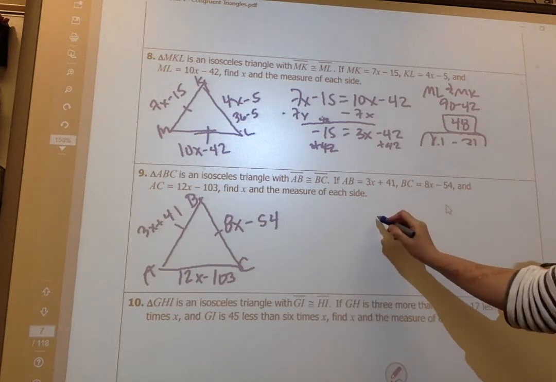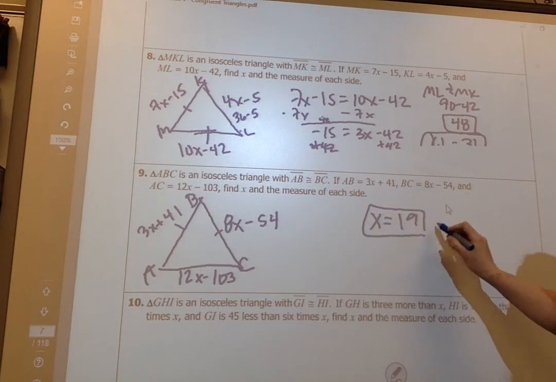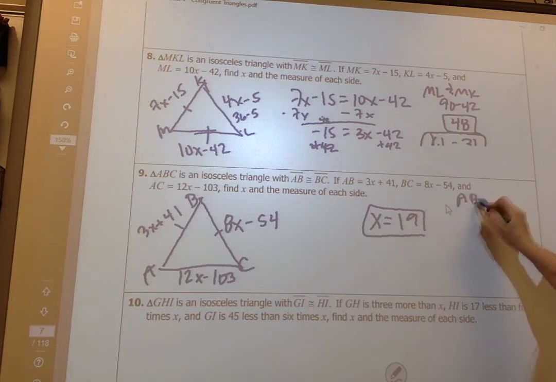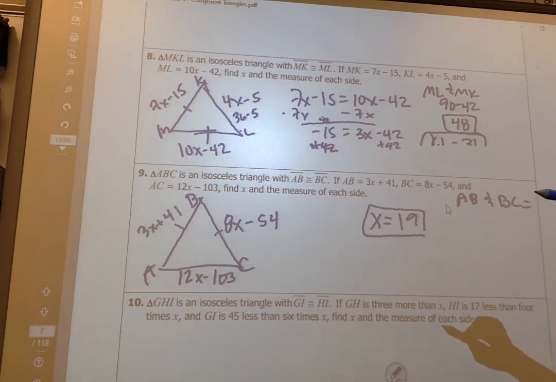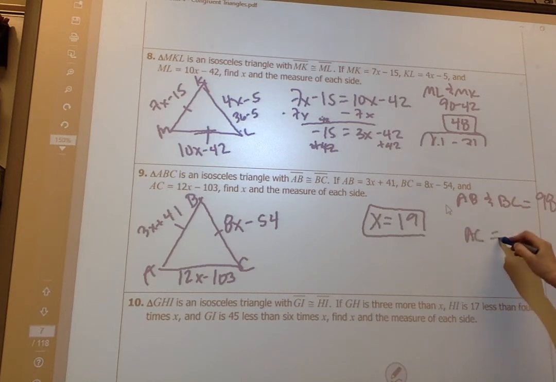So we should be getting that x equals 19, and AB and BC, their length is going to be 98, and the length of AC is going to be equal to 125.